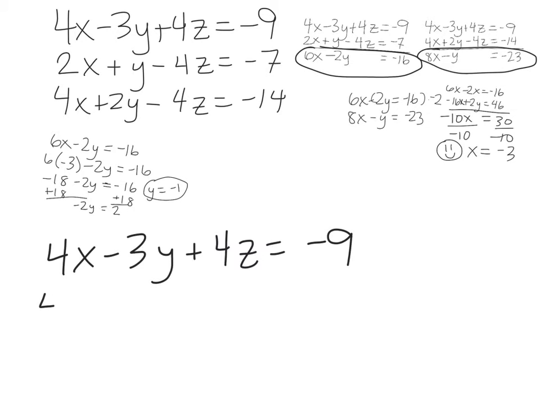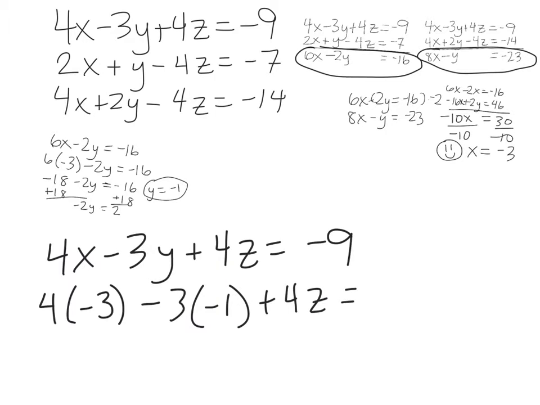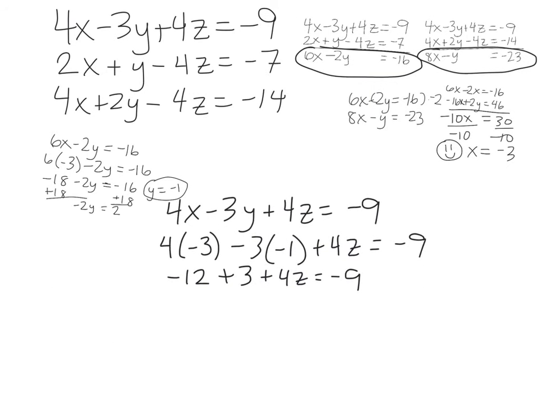And I'm going to plug in my x, which was negative 3, minus 3 times my y, which is negative 1. And that gives me 4z. So I'm going to have negative 12 plus 3 plus 4z equals negative 9. So that's going to give me here 9 plus 4z equals negative 9.